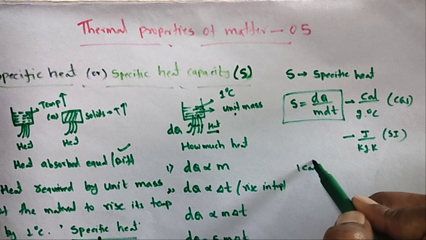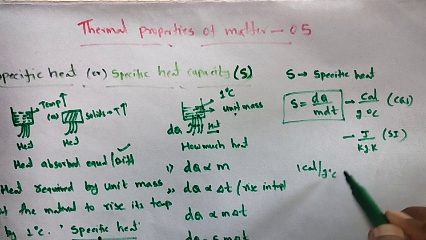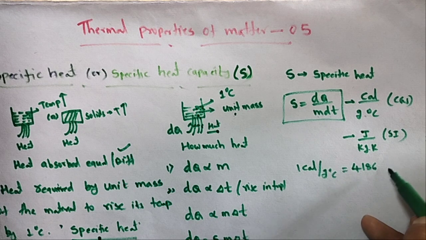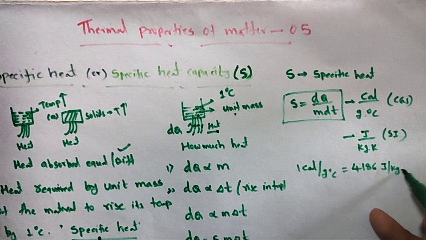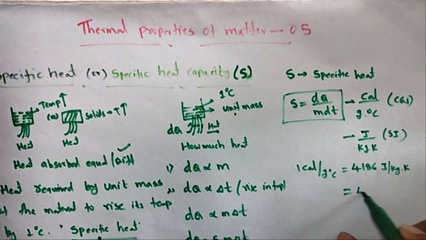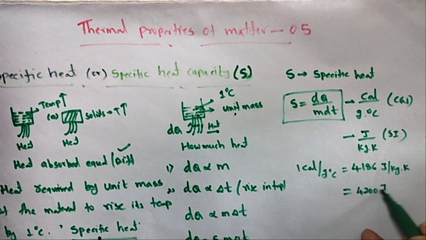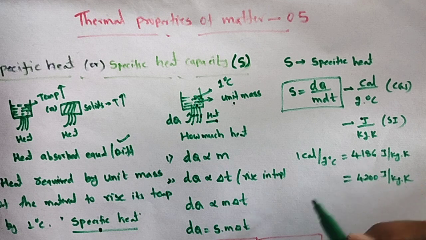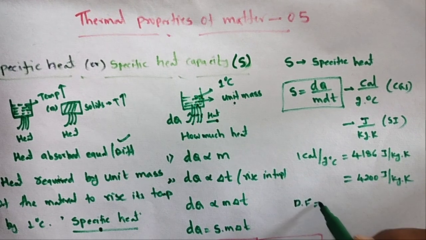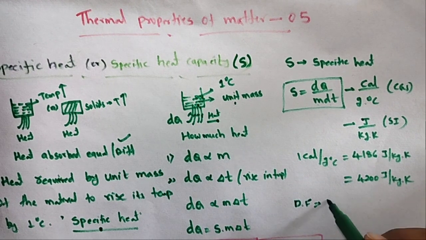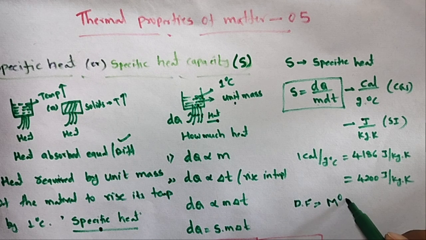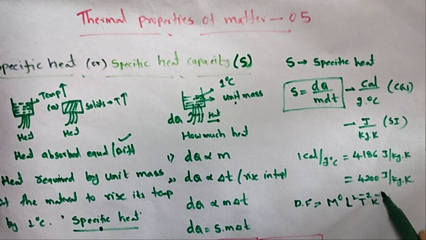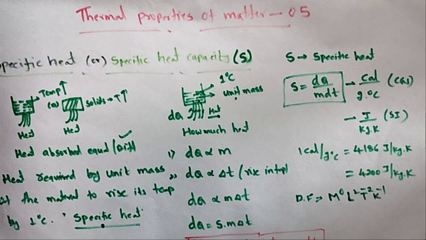Remember 1 calorie per gram degree Celsius is equal to 4186 joule per kg Kelvin, approximately 4200 joule per kg Kelvin. Please remember this value. The dimensional formula is M power 0 L square T power minus 2 K power minus 1.